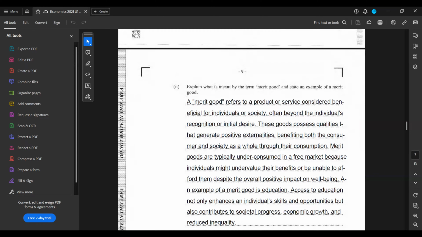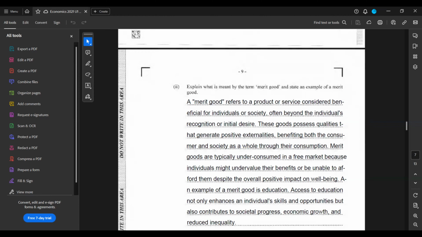These goods possess qualities that generate positive externalities, benefiting both the consumer and society as a whole through their consumption. Merit goods are typically underconsumed in a free market because individuals might undervalue their benefits or be unable to afford them, despite the overall positive impact on well-being.